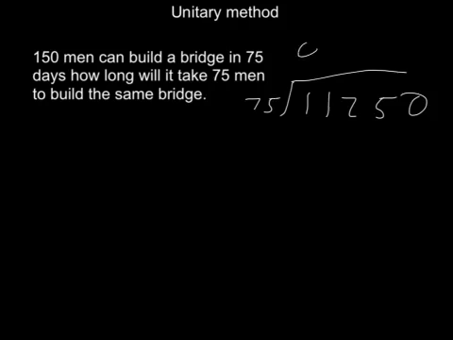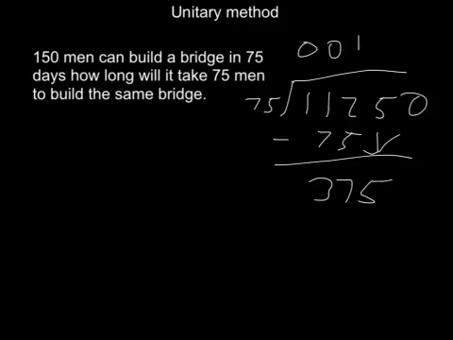So it goes 0 times, it goes 0 times, it goes once, minus 75 is 37. Bring the 5 down. 75 plus 75 is 150. 75 plus 150 is 225. 225 plus 75 is 300.